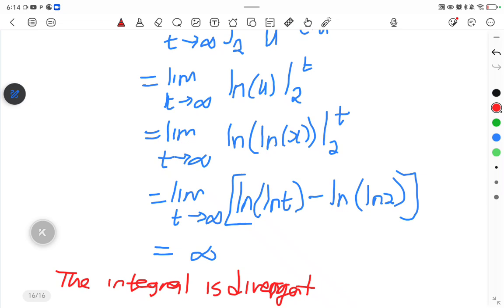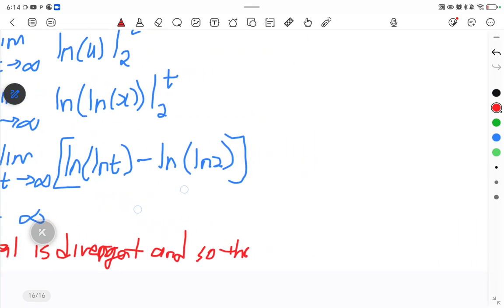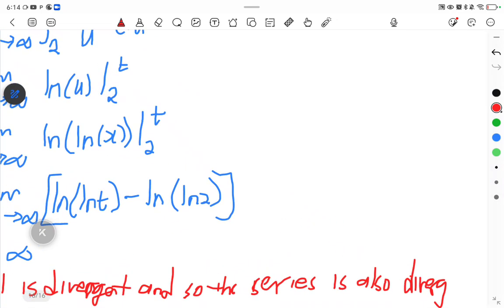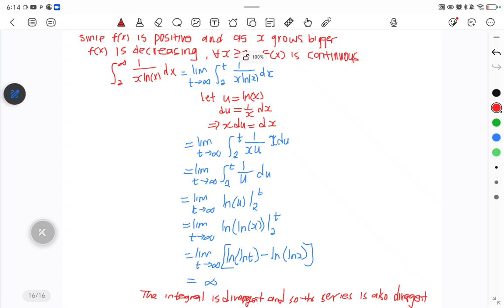Since the integral is divergent, the series is also divergent. This is the second property. The series is also divergent. We say right. So the series is also divergent. I'm sure we agree on this.